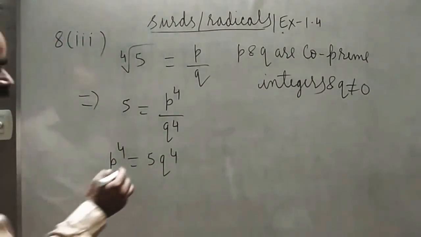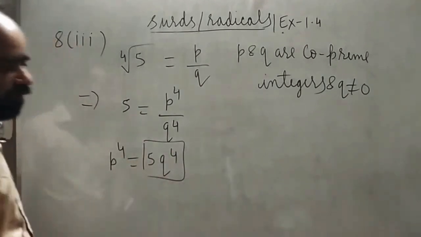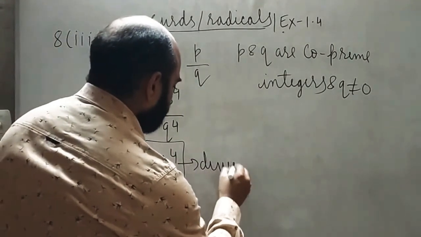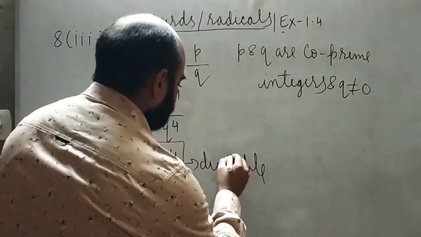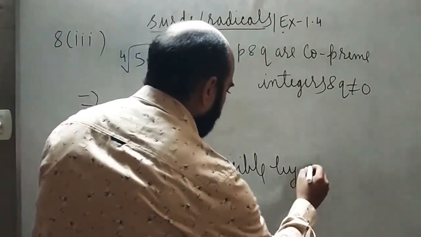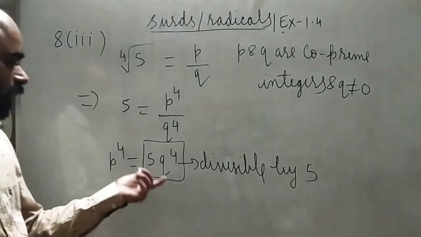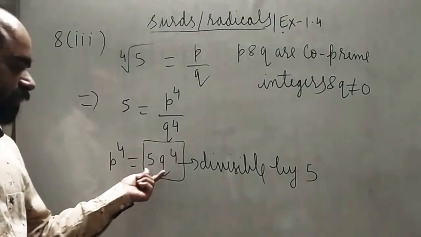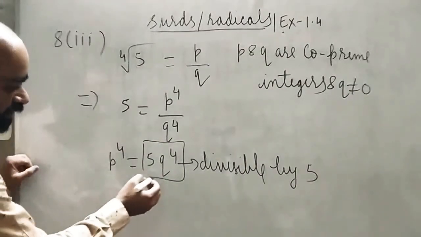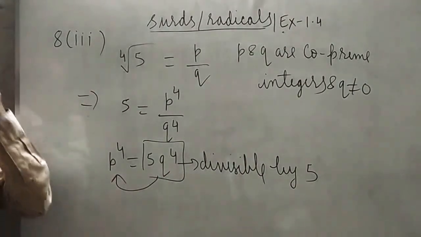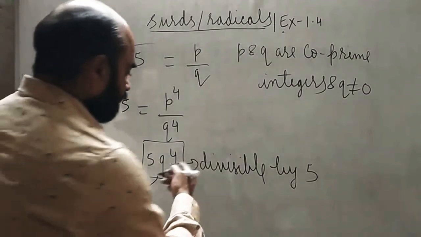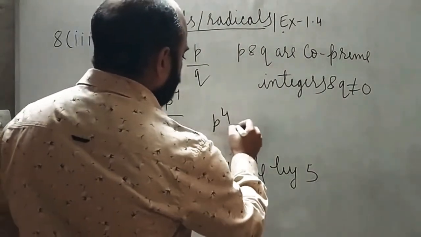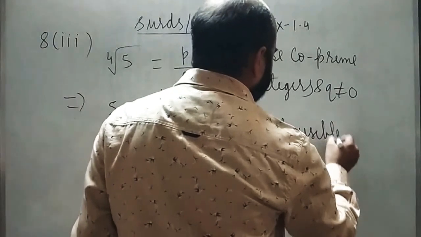Clear? Now see, this number is a multiple of 5. It means this number is divisible by 5, correct? If we divide this number by 5, it means this will be divisible by 5, and this is equal to p to the power 4.